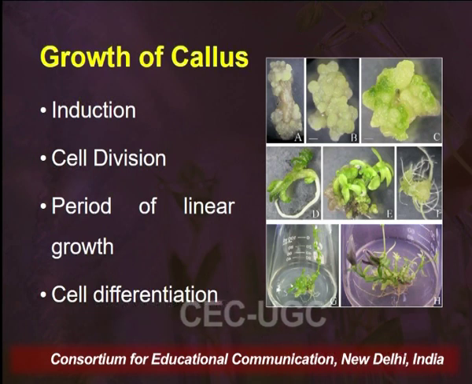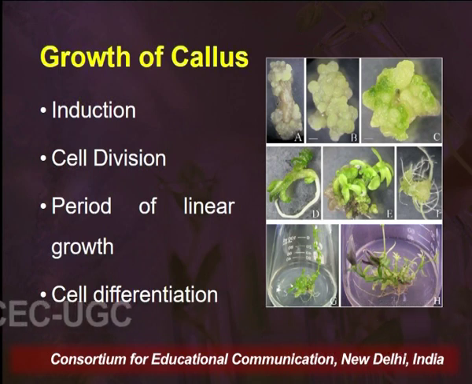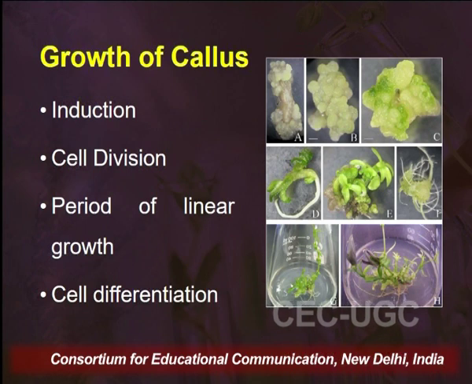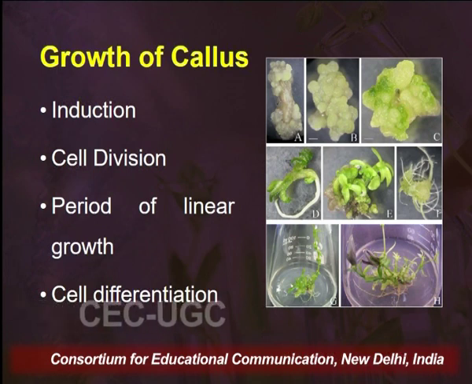Now, if we look into the growth of a callus, there are different phases of growth. The first one is induction. Induction is a condition wherein the cells of the explant prepare themselves for division and growth on the artificial media.